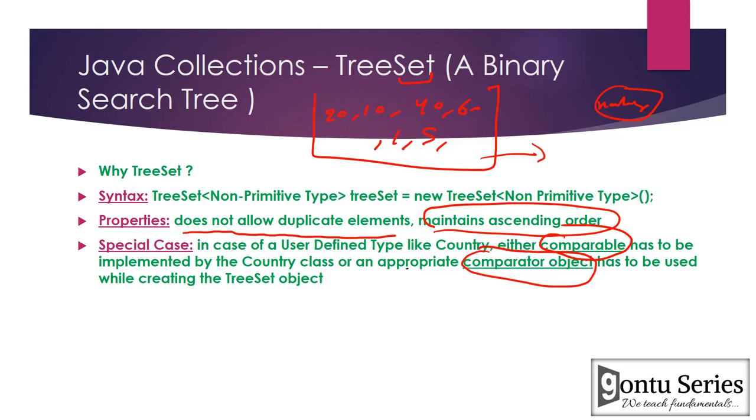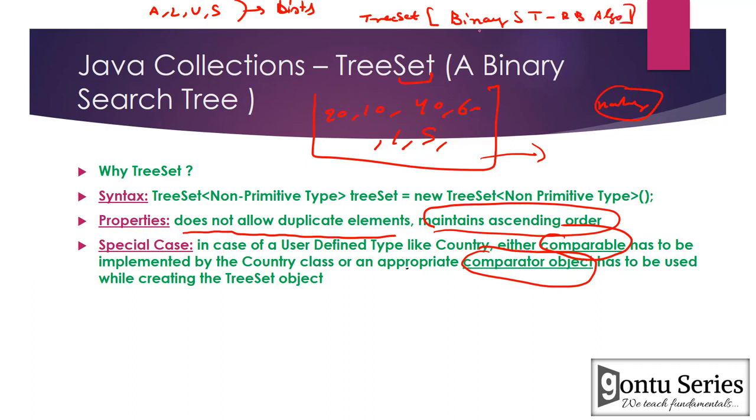The only difference is ArrayList, LinkedList, Vector, Stack, all these are basically lists. Okay, and TreeSet is something which works on a principle known as binary search tree, using something called the red-black algorithm.